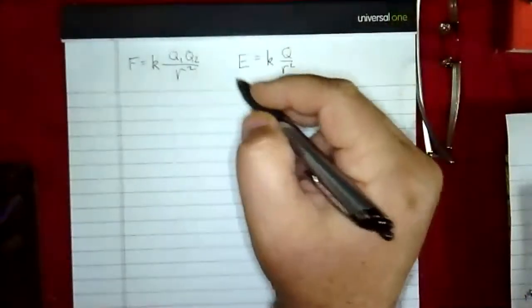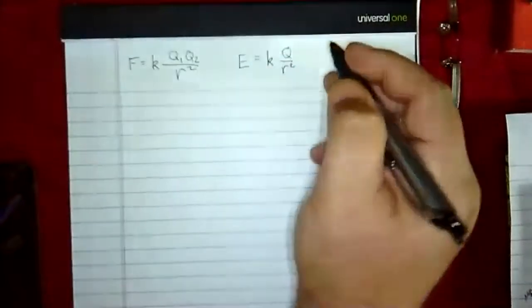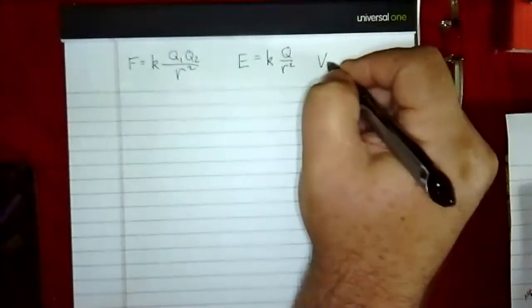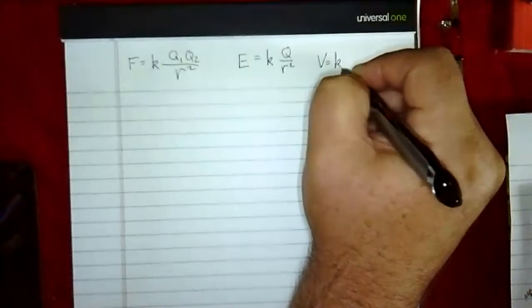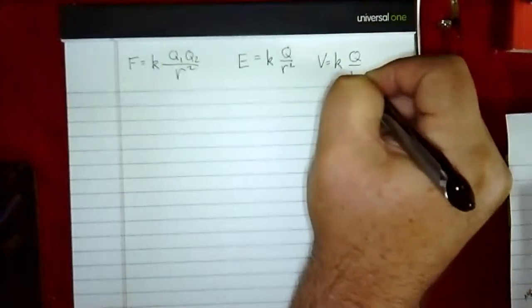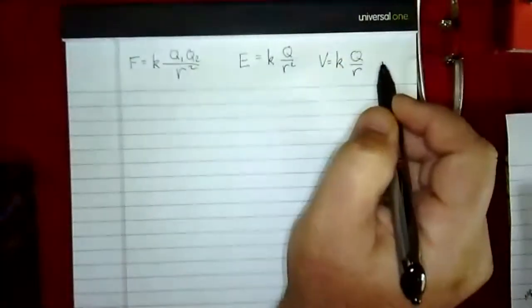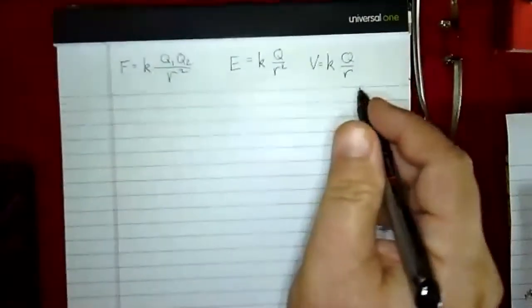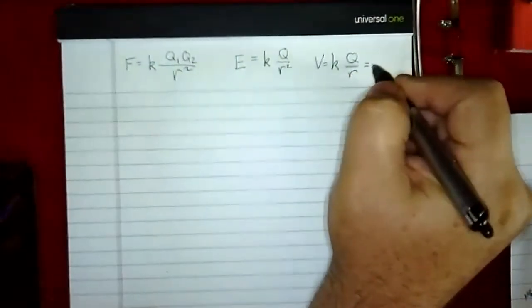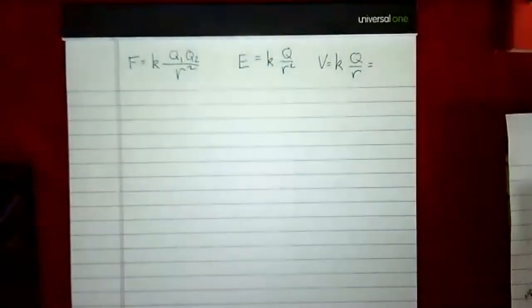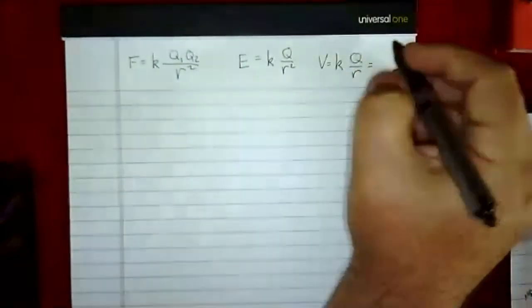So now, if you actually do some calculus on this, you'd end up with V equal to kQ over R. Now notice this, it's just plain R, not R squared. And it's going to become more important that we use a slightly different version of k.